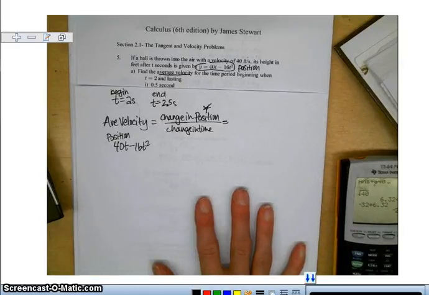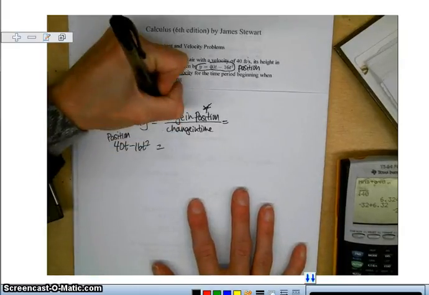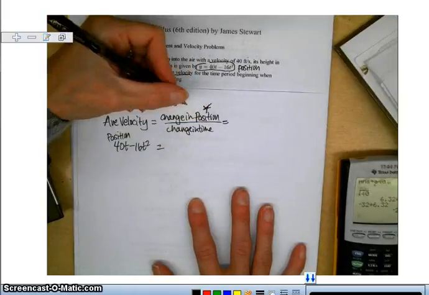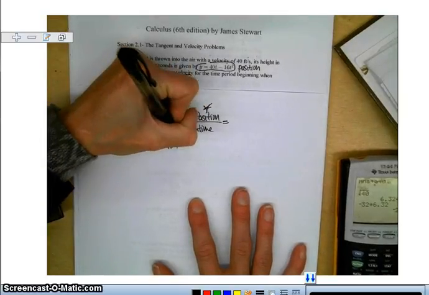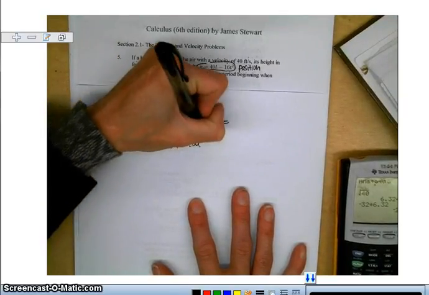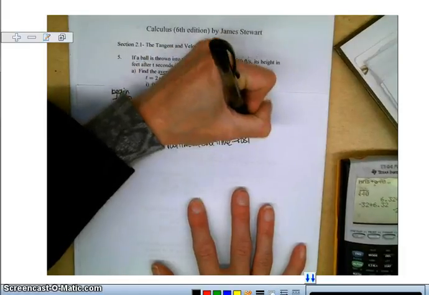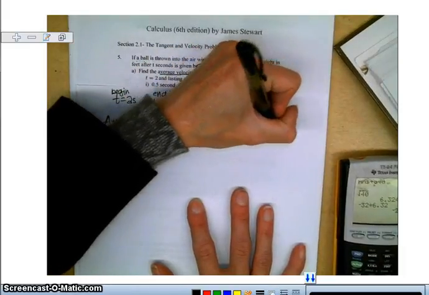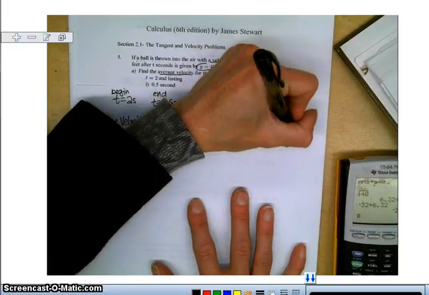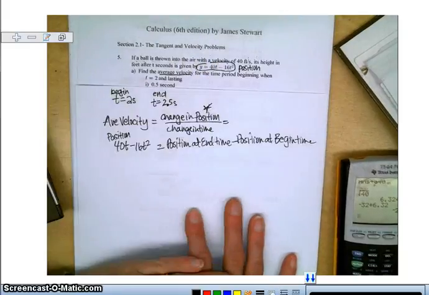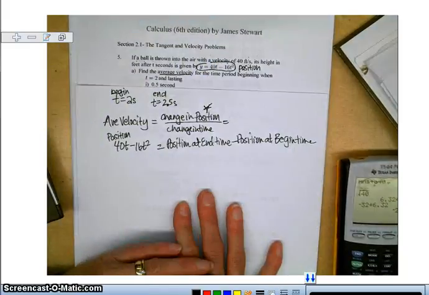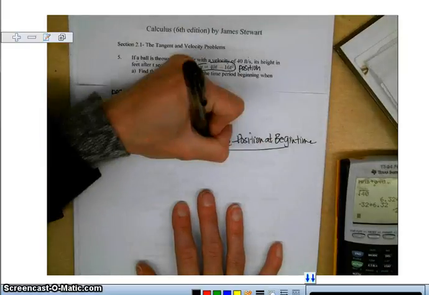Remember in the previous example for average velocity, the change in position is the position at the end time minus the position at the beginning time. That's the change in position over change in time.